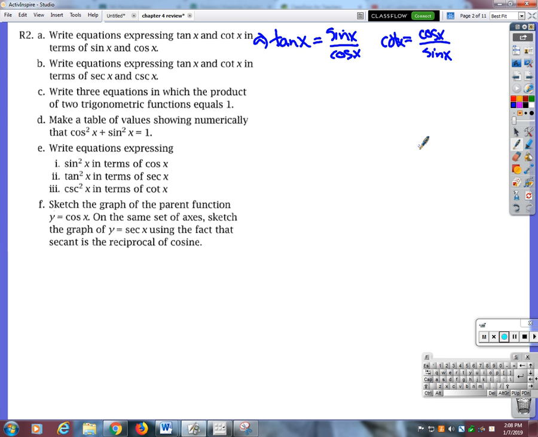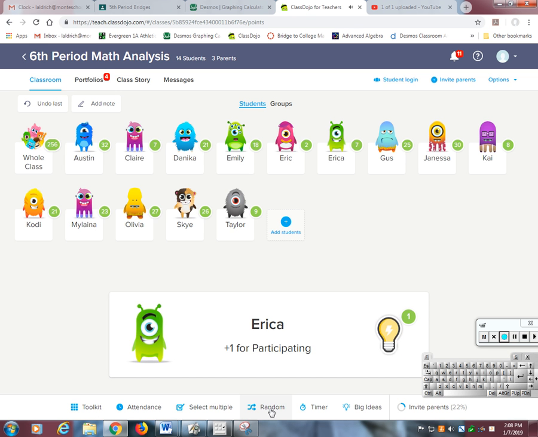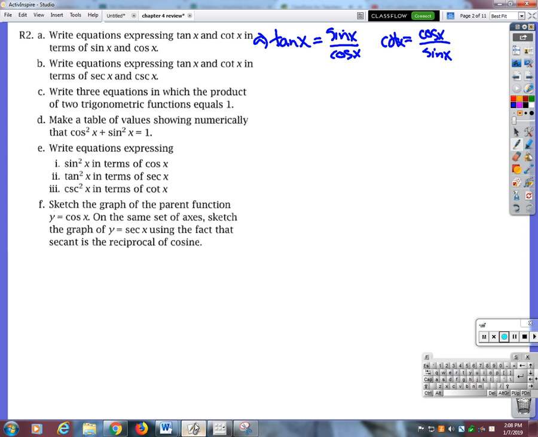All right, good deal. Write equations expressing tangent and cotangent in terms of secant and cosecant. Ooh. Yeah. All right, so Claire, write an equation expressing tangent in terms of secant and cosecant.